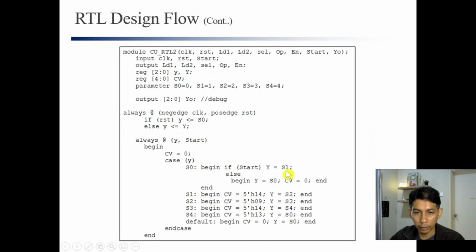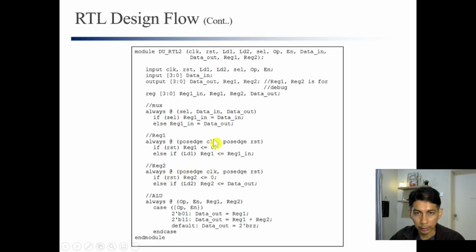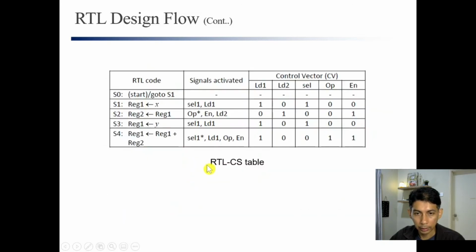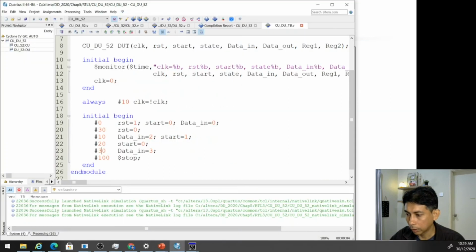The only thing I want to explain to you in this slide is that the design of the CU is a little bit different from what we have here in these quarters.